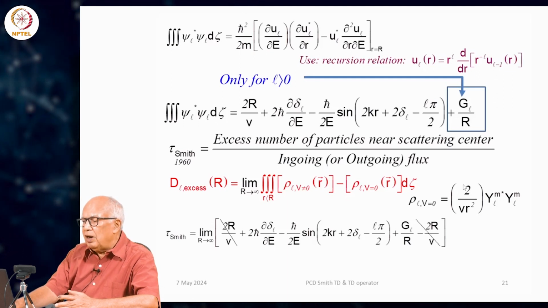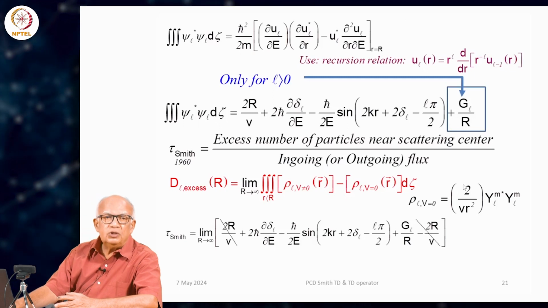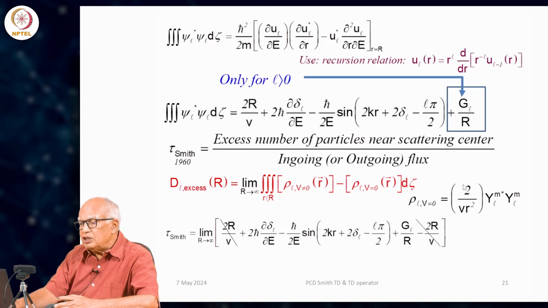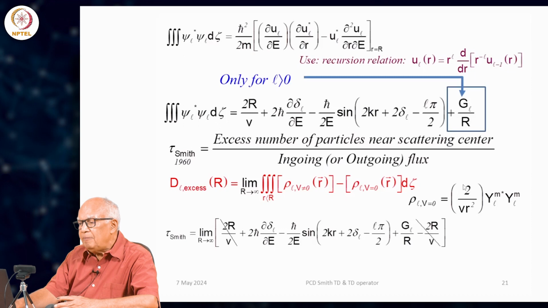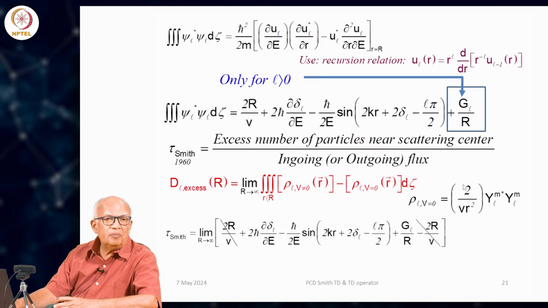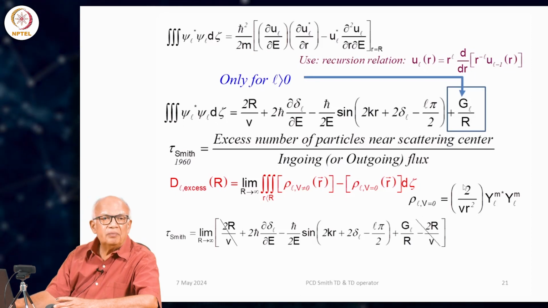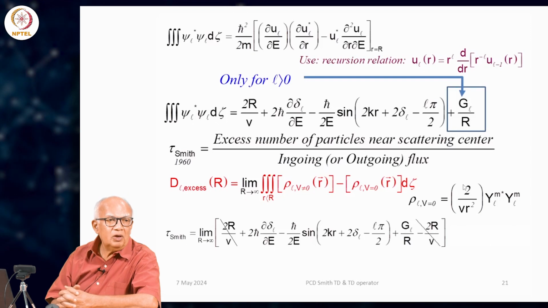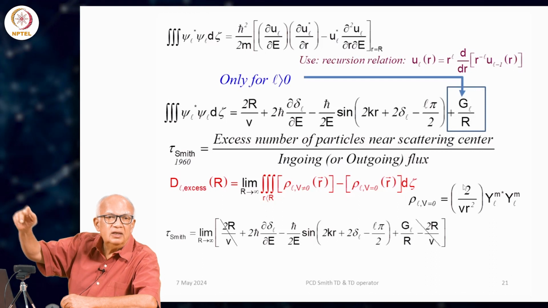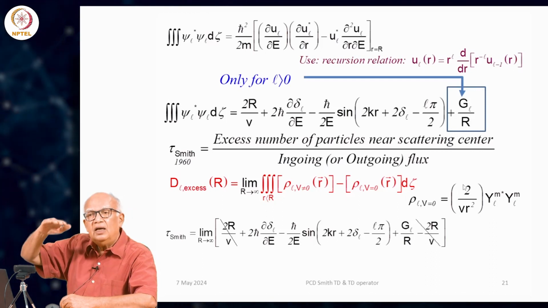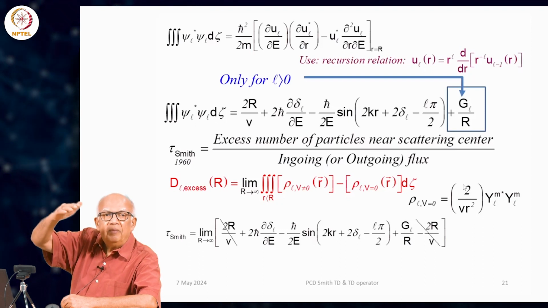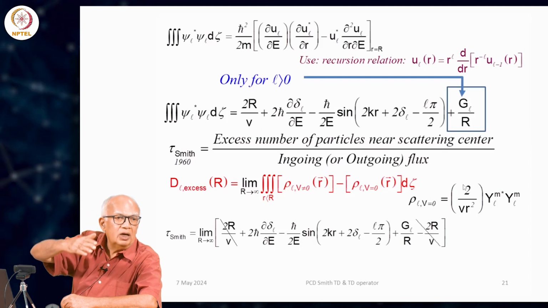There is a g over r which does not cancel, but it goes to 0 as r goes to infinity, and now you are left with two terms, which is twice h cross del delta by del E, and then there is a sinusoidal term which is an oscillatory term, and these terms cancel each other in wave packets, because at large r, when you have many k's, for small difference they will create oscillations, and a part of what is going up will be cancelled by another part of what is going down.